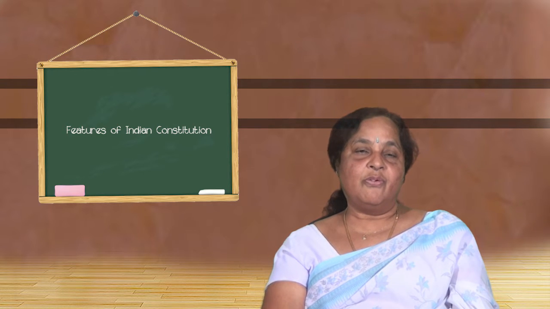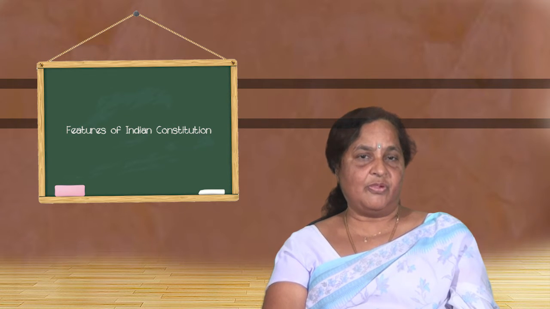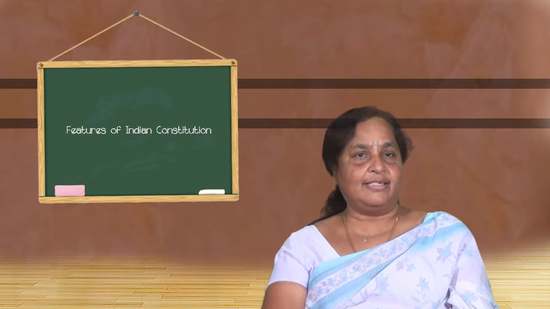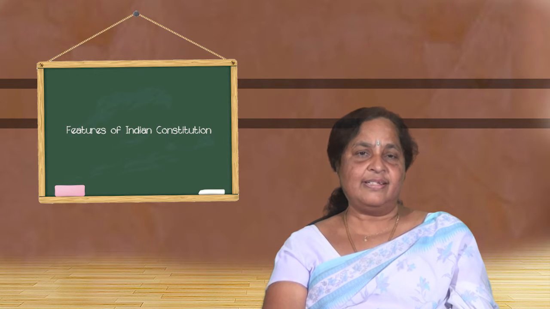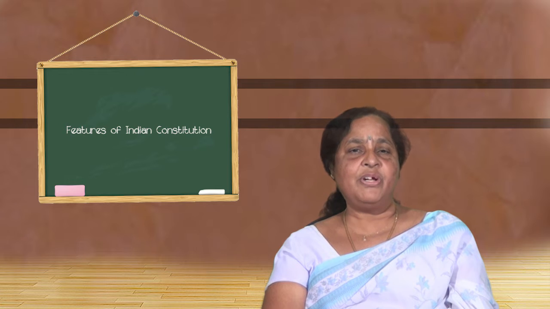Then in India we have single citizenship, not like Switzerland or America. Indian citizens are guaranteed single citizenship, and we have a single election commission. These features refer to the unitary nature.